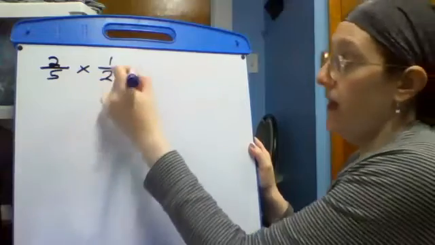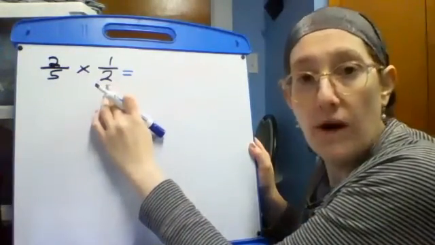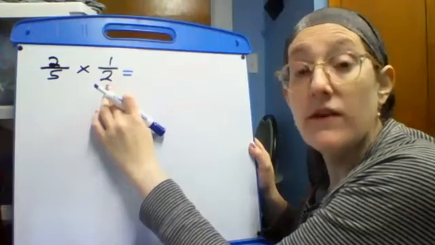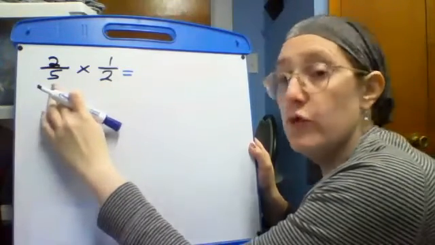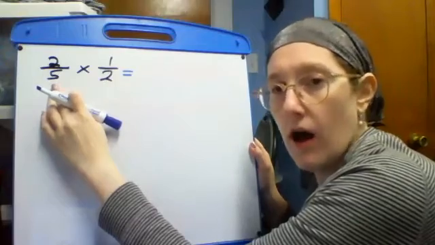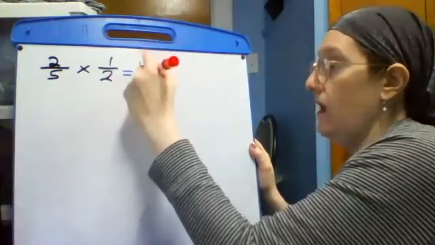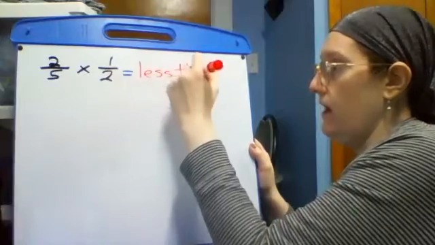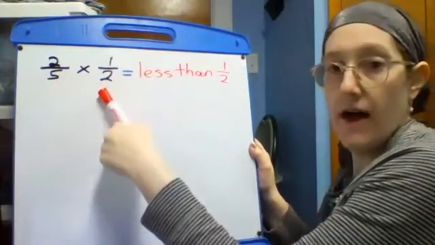So let's think about the half. If I was doing 1 times a half, it would be the entire half. But I'm not taking 1 times half. I'm taking 2/5 of half, a part of a half. That's going to end up being less than the half. I'm only taking a part of the half.